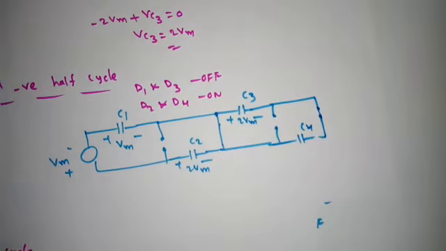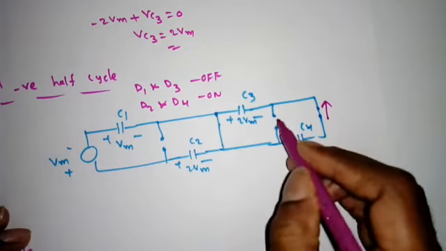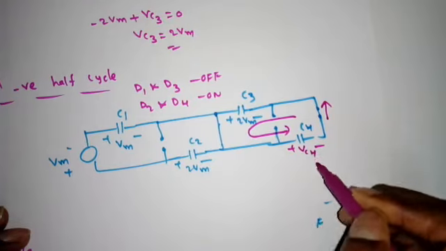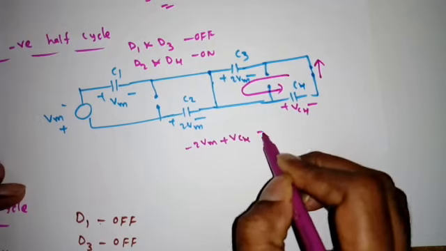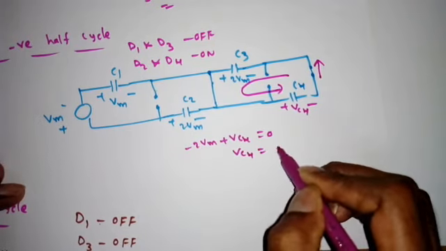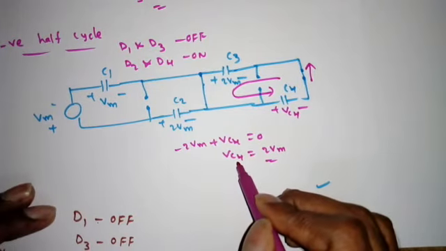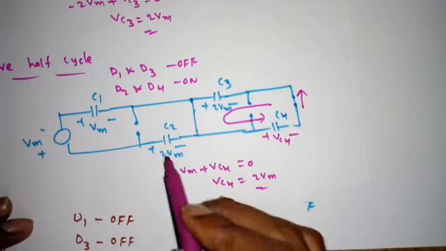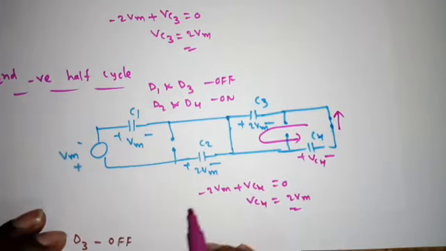And tell me what is the current direction in D4? Something like this. Now if I apply KVL in this loop, I can get plus minus Vc4. So minus 2 Vm plus Vc4 is equal to 0. So what is the Vc4? 2 times Vm. So we got Vc4 as 2 Vm, Vc3 as 2 Vm, Vc2 as 2 Vm, Vc1 as Vm only.